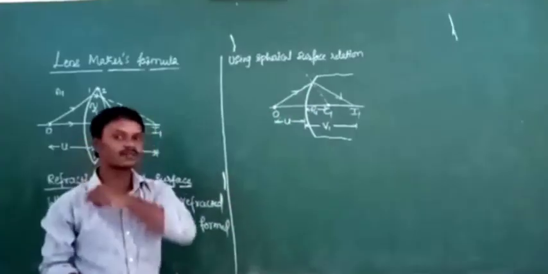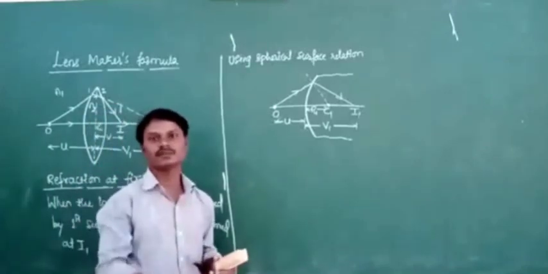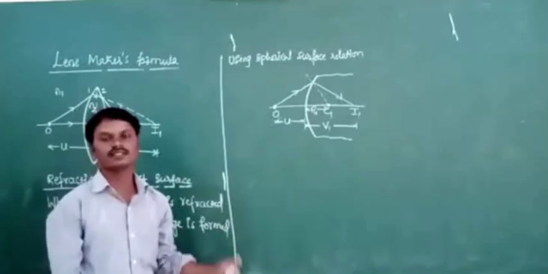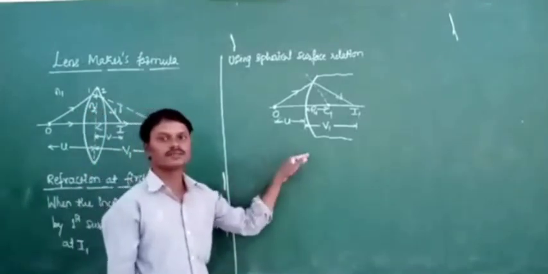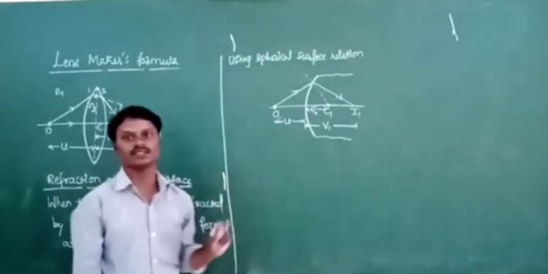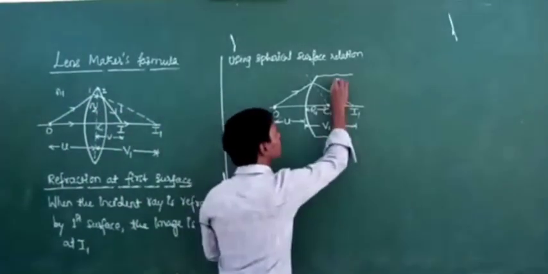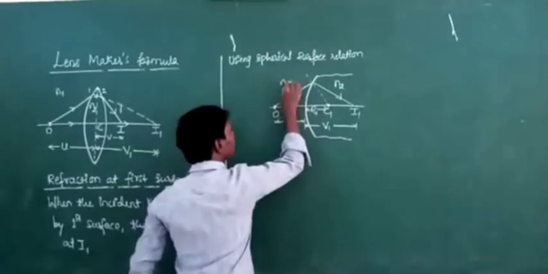Then using the spherical surface relation for this diagram: the refractive index of the image space divided by the image distance, minus the refractive index of the object space divided by the object distance, is equal to the difference in refractive indices of both media divided by the radius of curvature. The refractive index of the image space here is N2, and of the object space is N1.